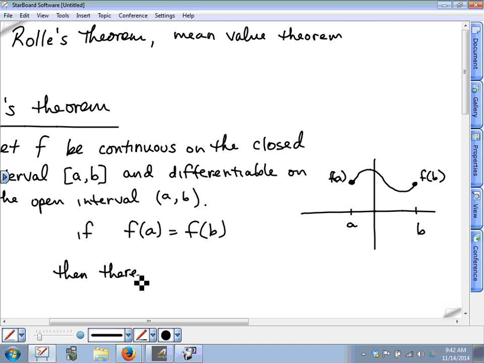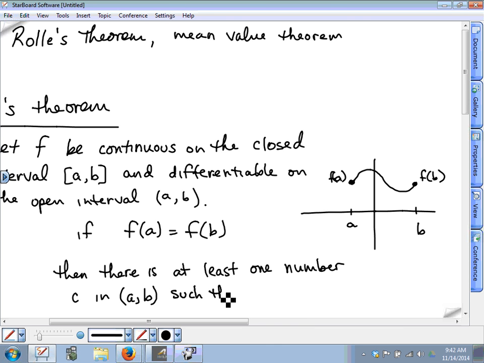So then there is at least one number c in the interval (a, b) such that f prime of c is equal to 0.